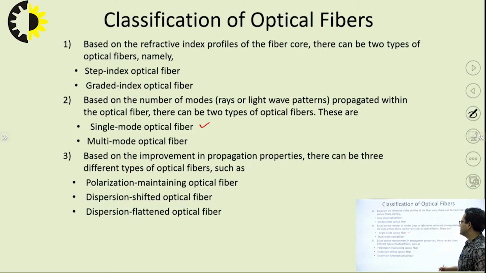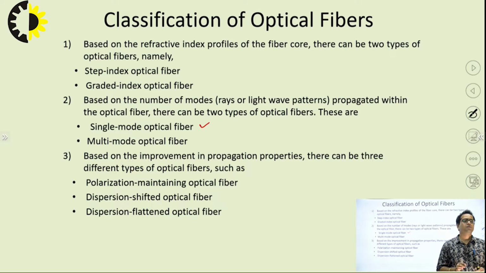Now the third one is based on improvement in the propagation properties. Based upon this, there are three types of optical fiber: first, the polarization maintaining optical fiber; second, the dispersion shifted optical fiber; and the last, the dispersion flattened optical fiber.